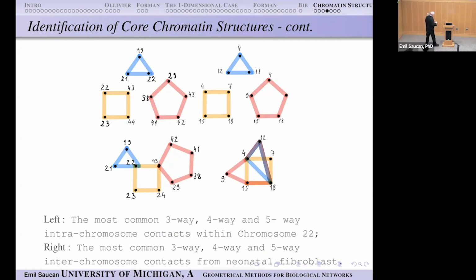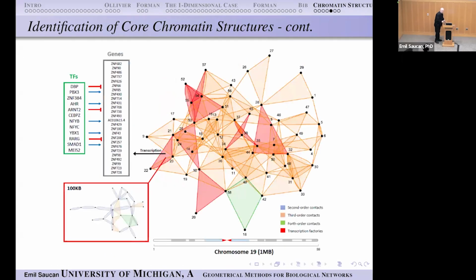This is a small scale, but if you want to look at a real life example, again, Indica saves me. Here it is. This is a small portion of a chromatin hypernetwork in chromosome 19. What I didn't notice before is that you have these faces which are also the transcription factories, painted differently.